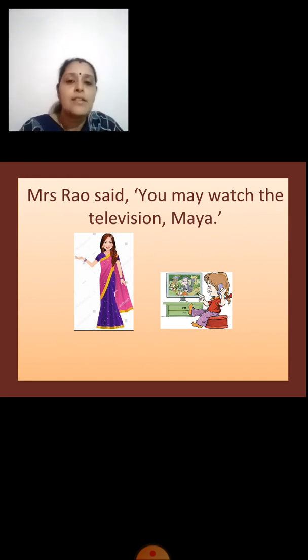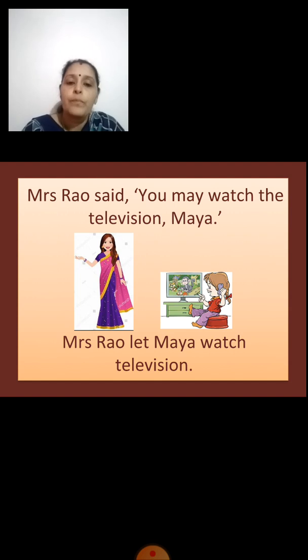First, I'll write Mrs. Rao, then let, and whom has she allowed? Maya. So I'll write Maya's name, and for what? Watch television. So the sentence will become Mrs. Rao let Maya watch television.